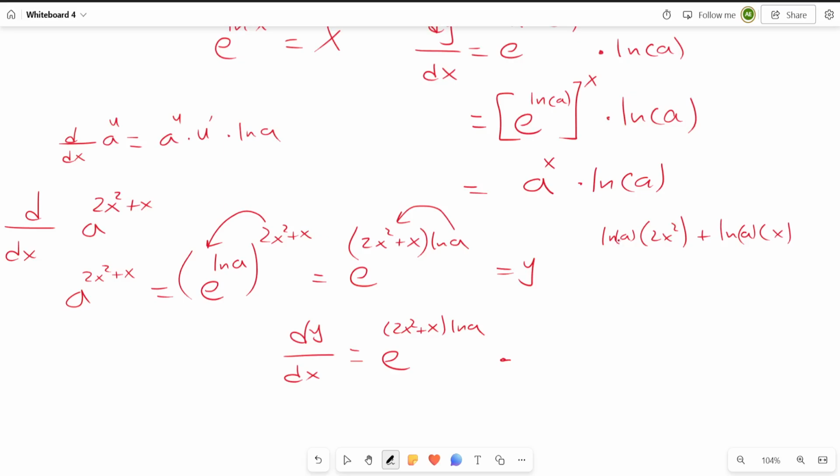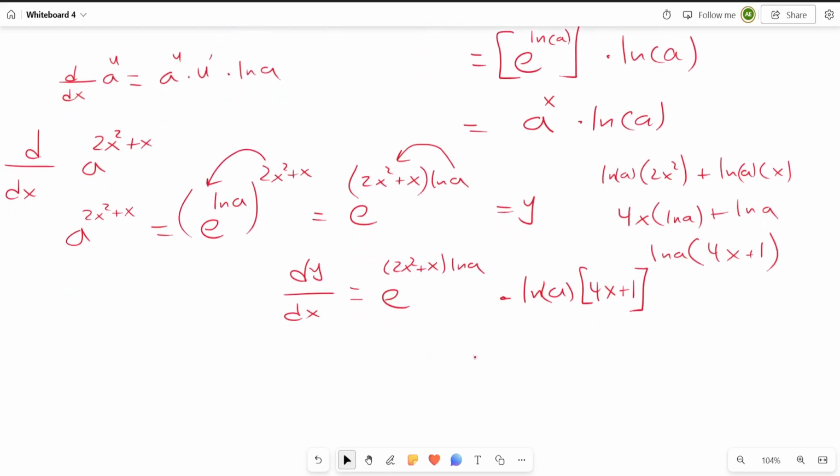Differentiating this, ln a is a constant, so this is going to be 4x times ln a, plus, anything constant multiplying x, its derivative is basically that constant. So I can take ln a as common, so it's going to be 4x plus 1. This is the differentiation of what is inside, and I'm going to multiply by that over here. So ln a times 4x plus 1.